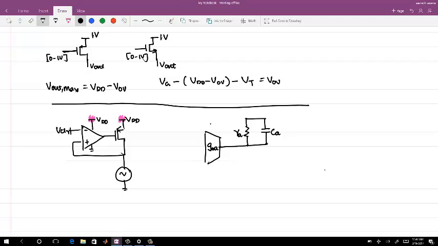Let me write this node as Vx, and this is V out.